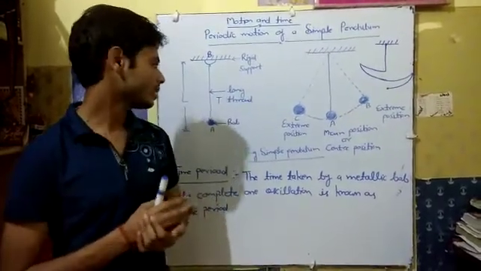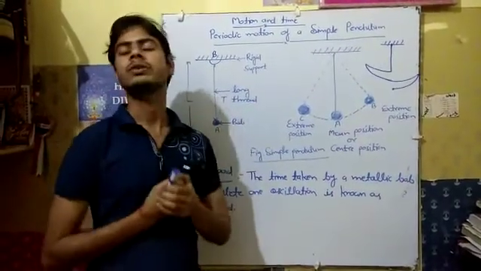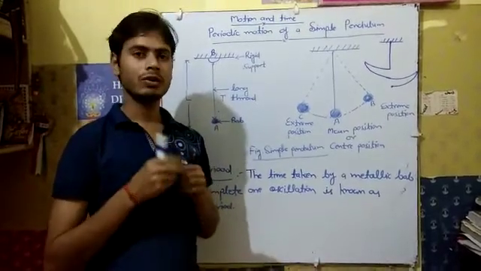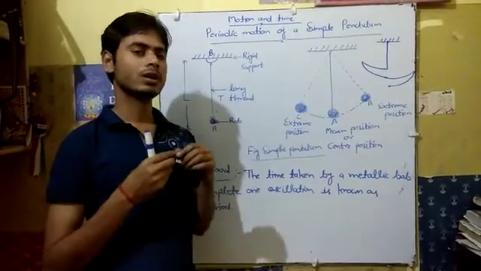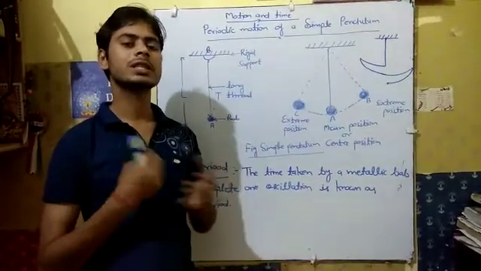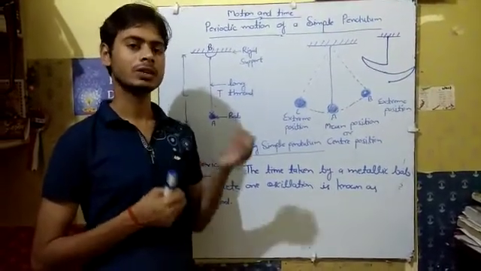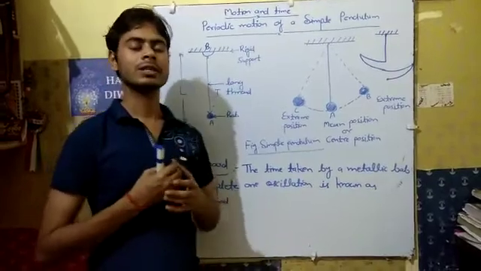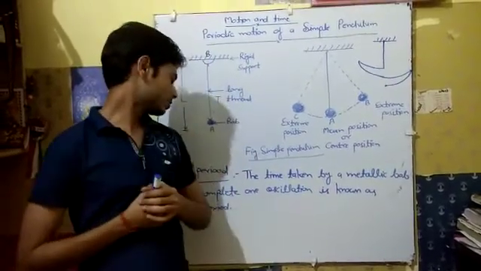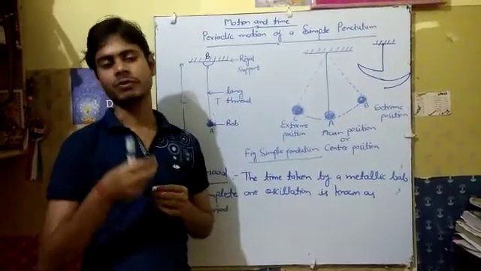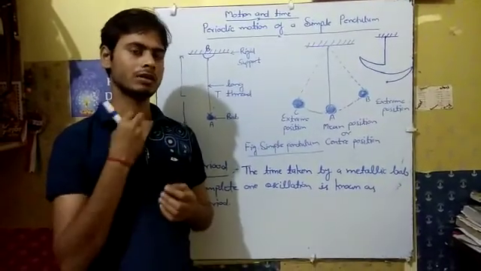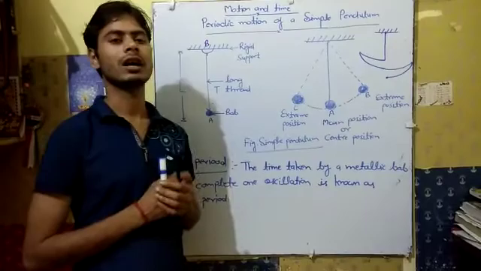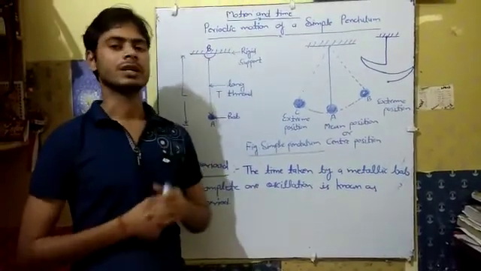And what is the oscillation? When a metallic bob in a simple pendulum goes from its mean position to its extreme position, it is known as oscillation. And we have discussed what the time period is. The time taken by a metallic bob to complete one oscillation is known as the time period. Thank you.